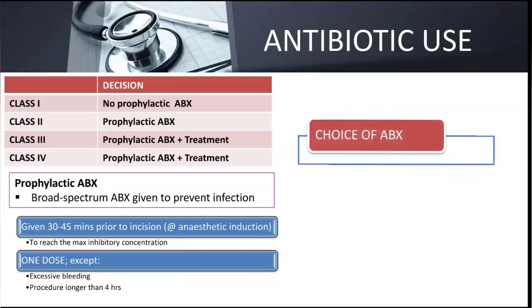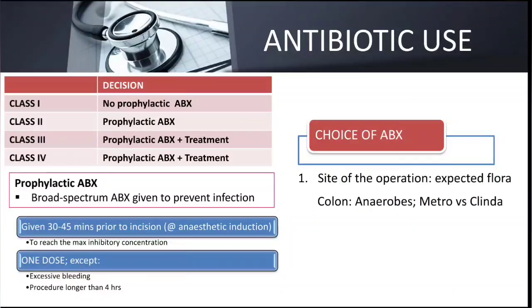So how do you choose the antibiotic, right? There are three criteria that you use. The first one is the site of the operation, right? It depends on which part of the body you are operating on, and with that part of the body, there is expected flora. For example, if you are invading the colon, mostly they are anaerobes that you find there, right?